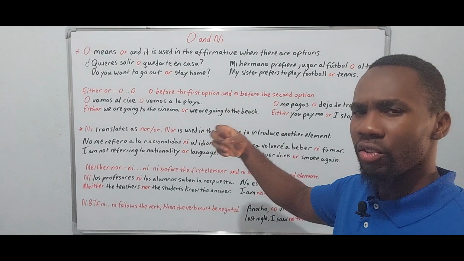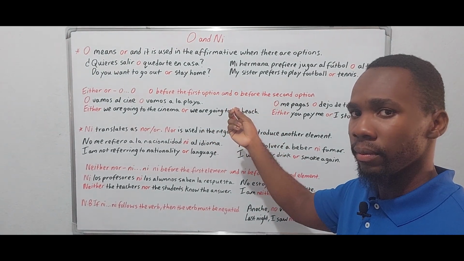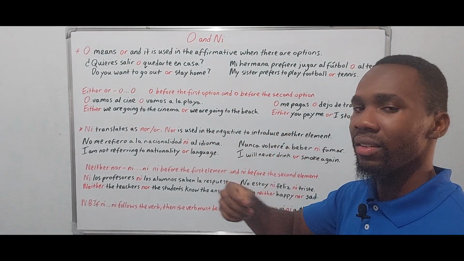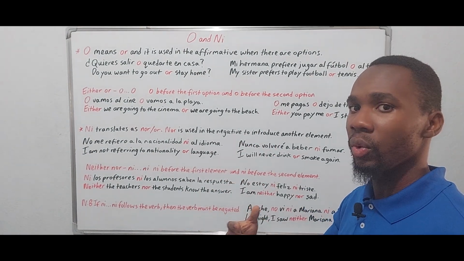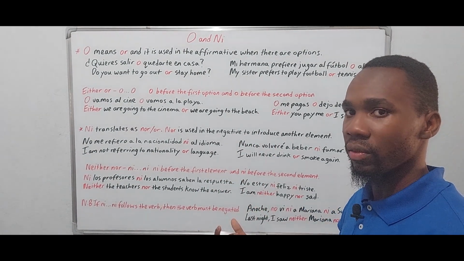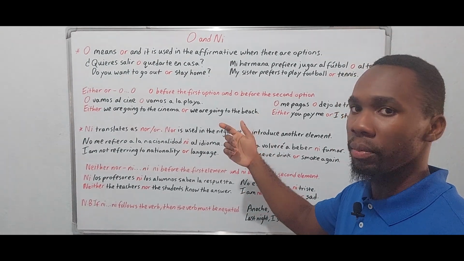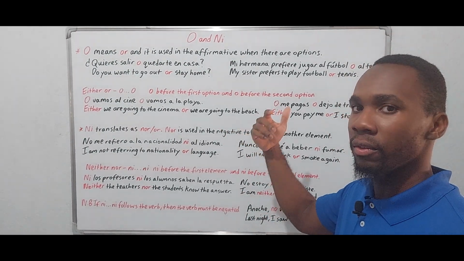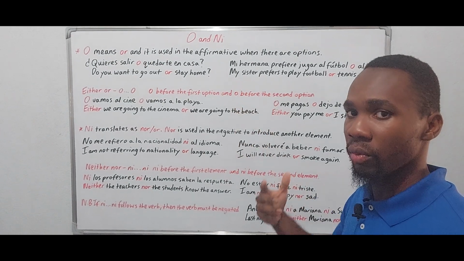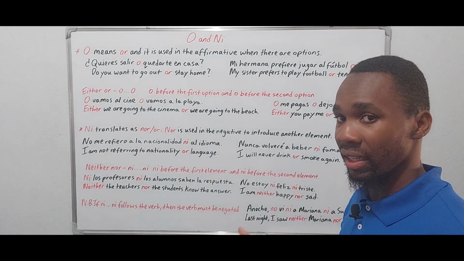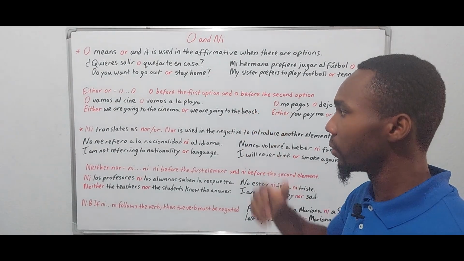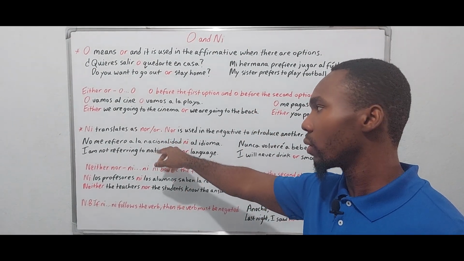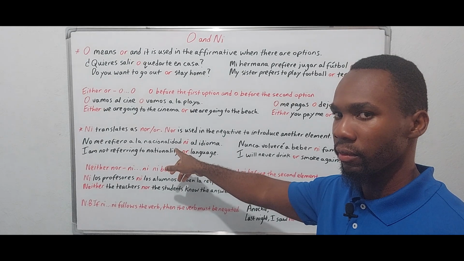So nor is used just like or, in that it introduces another element, but this time we're talking about negation. So it's just a negative counterpart or the negative version of or. That's what we would say nor is.